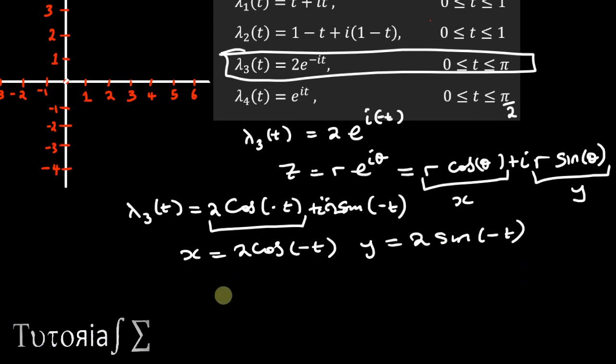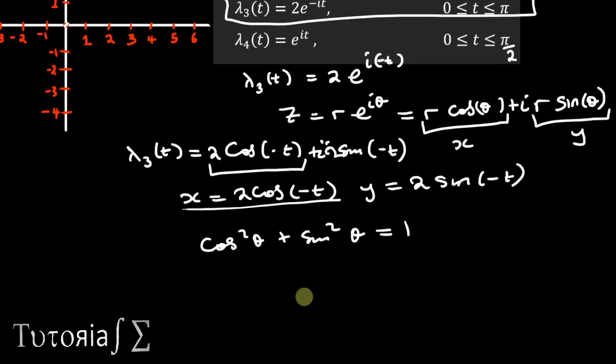Now we know that cos squared theta plus sine squared theta is equal to 1. So we can try to make this part squared and this part squared so that we can replace in this formula here.